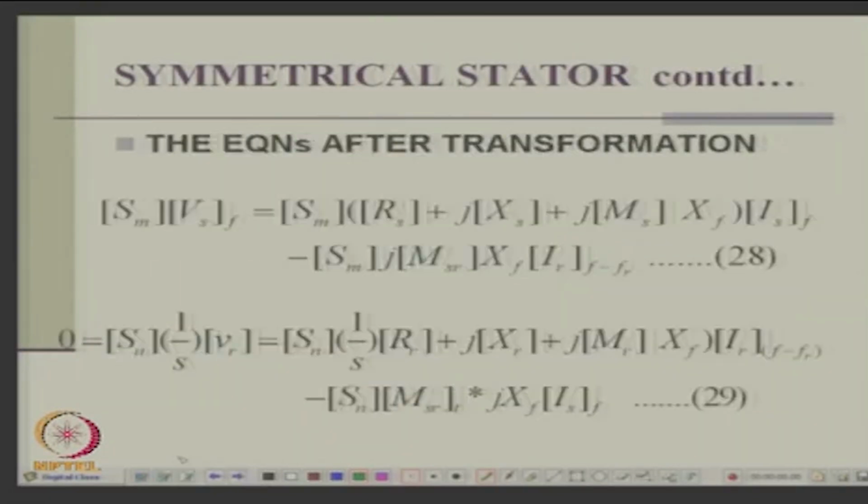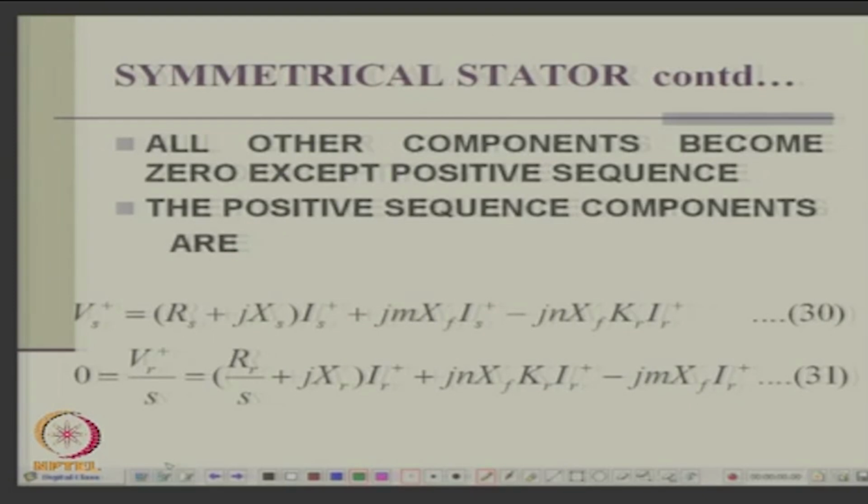So, pre multiply by Sm, Vsf, and Sn, Vr, because they are all balanced currents and balanced voltages. If you multiply by this Sm and Sn, you will have this equation.